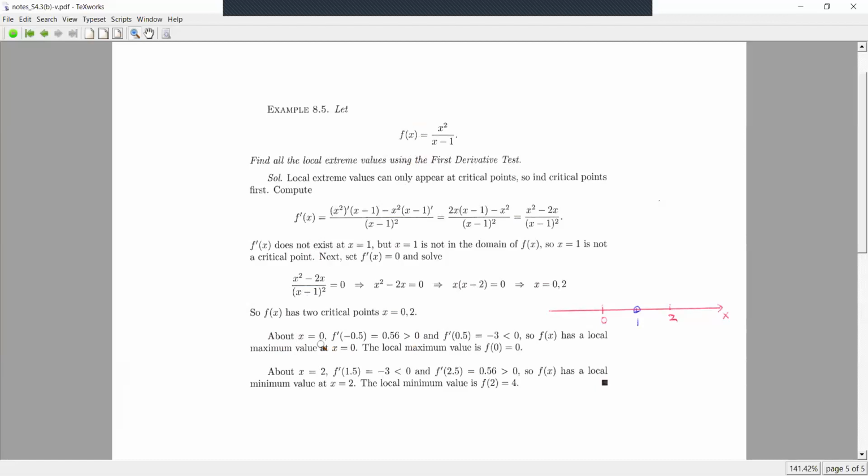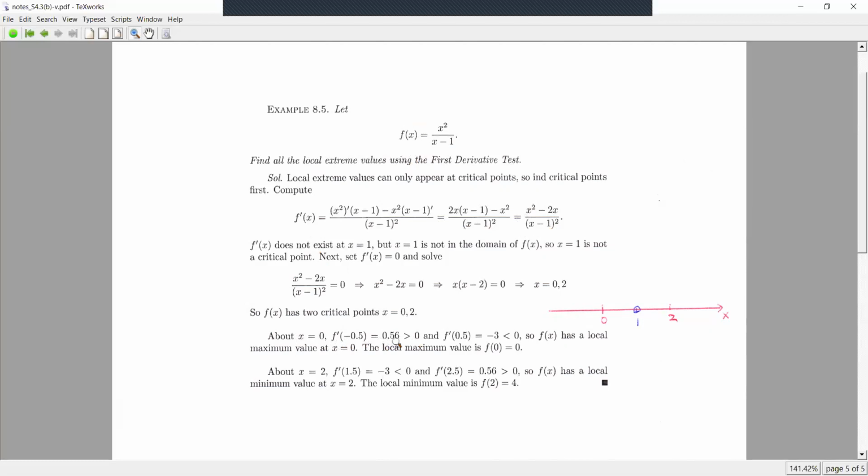Consider 0 first. We want to know whether or not the derivative changes sign at 0. To the left of 0, I pick, say, negative 0.5 and evaluate the derivative at negative 0.5. Plug in negative 0.5 for x. Then I get this number greater than 0.